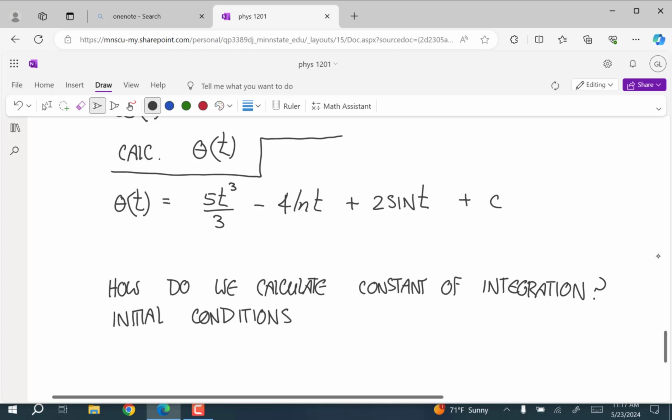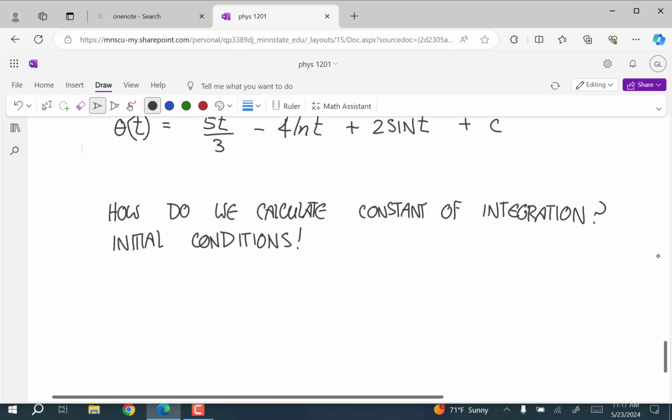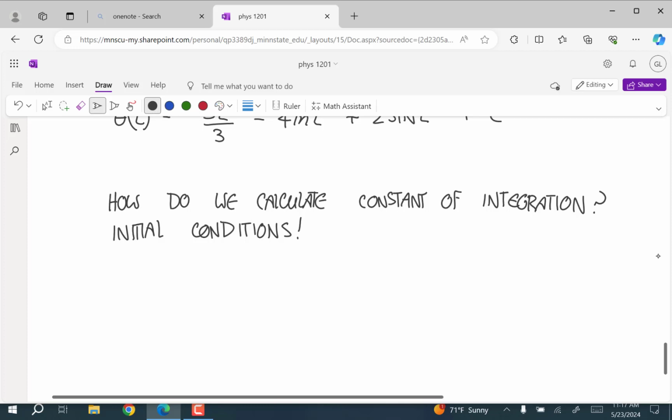And so we're always going to be given the value of the function we're trying to calculate when time is equal to 0. Okay, so instead of trying to describe this, I'm just going to do it as an example. So let's say that we're given that the velocity of a particle as a function of time is equal to t squared.